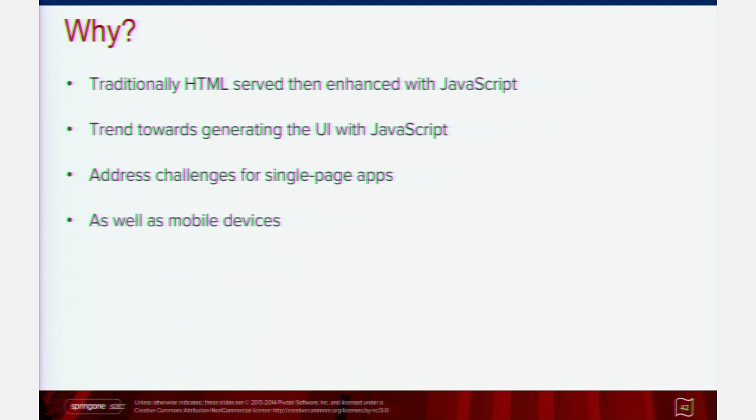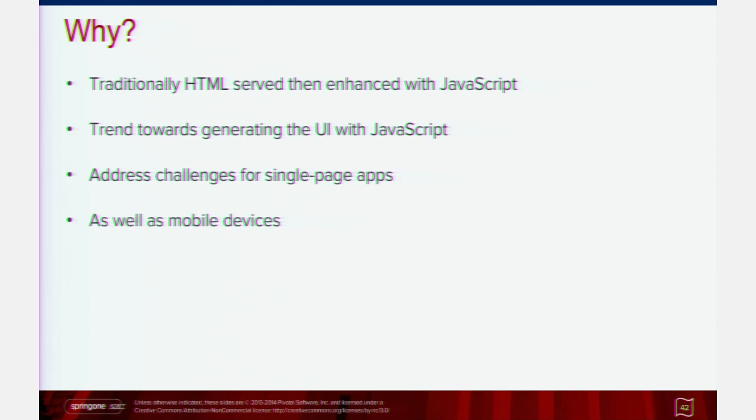If you have advanced single-page applications and are doing a lot of stuff with multiple components on the page, there's a trend towards creating user interfaces with JavaScript. In other words, generating the UI using JavaScript, kind of like the way you might use a Java API to create UIs like Swing and others.